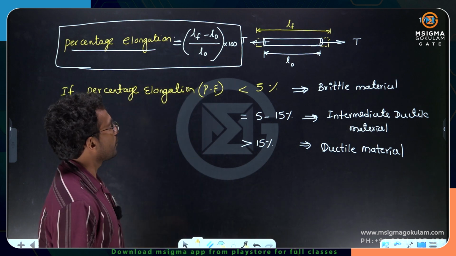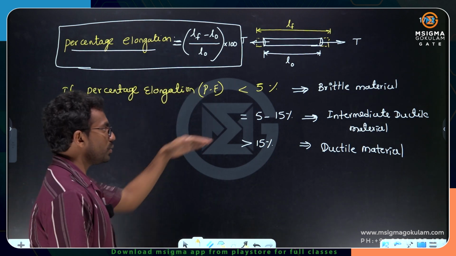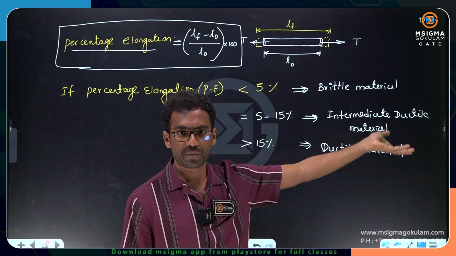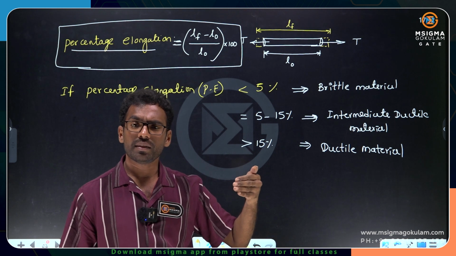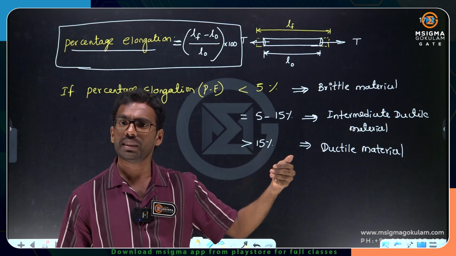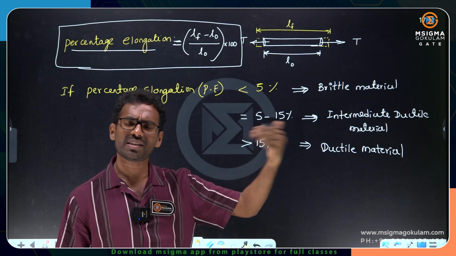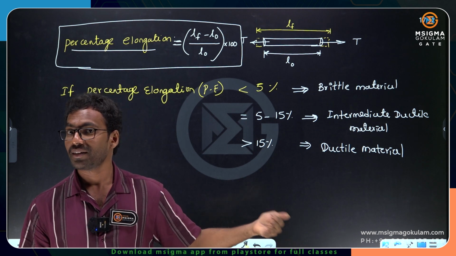Fine. Now, steel you take, as I told you, structural steel especially, as I discussed so far, any structural steel you take, their percentage elongation is more than 15%. So all structural steels are ductile materials.